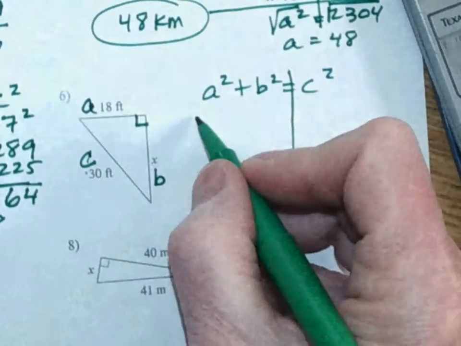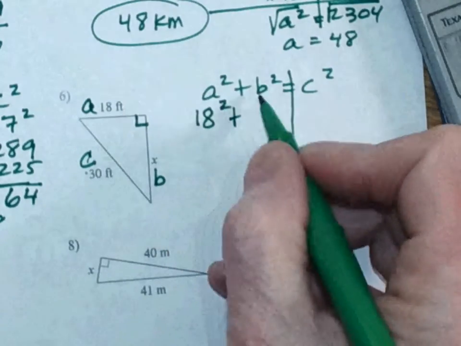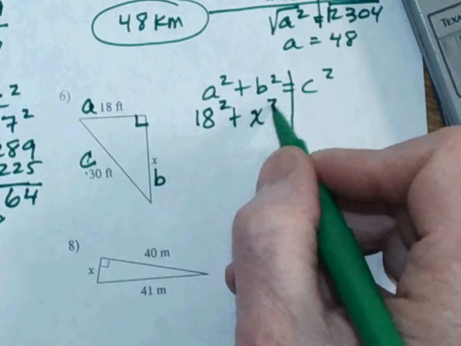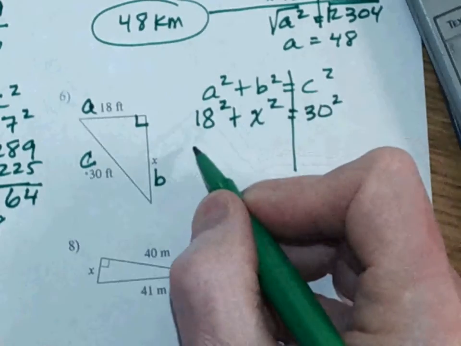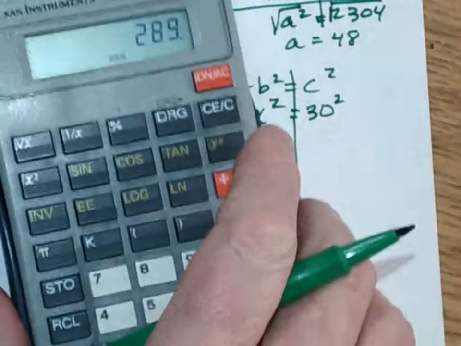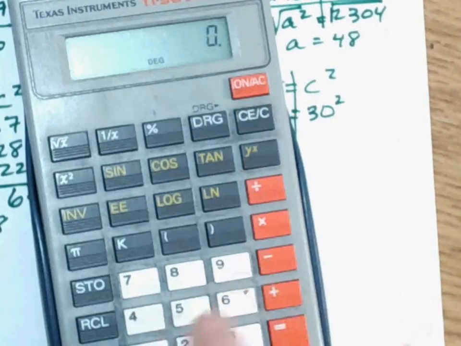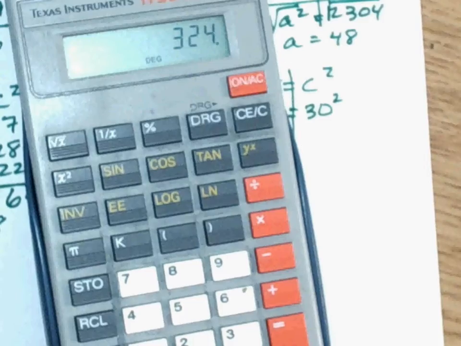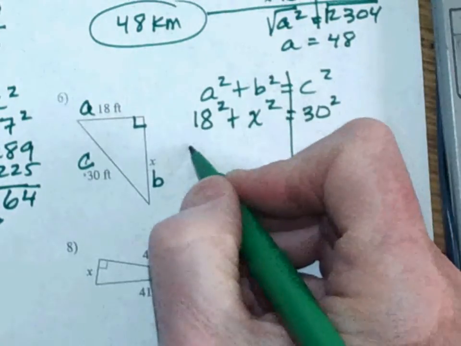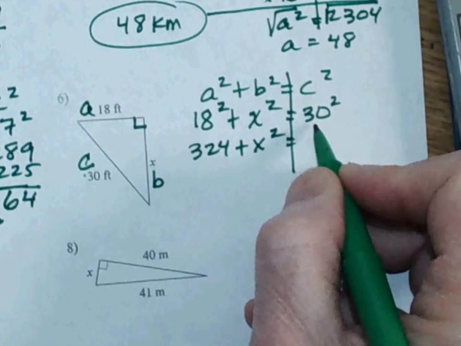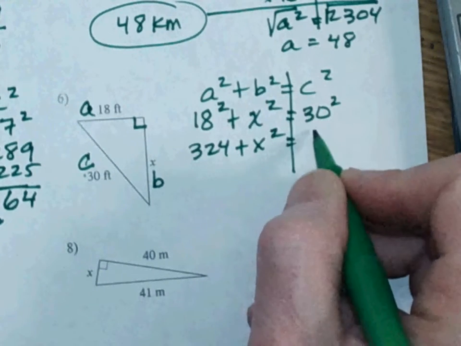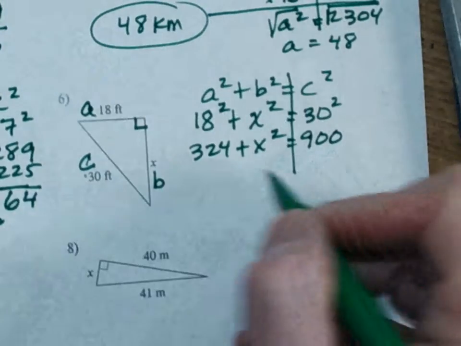A is 18, b is x, and c is 30. I square 18. 18 squared is 324. I square 30. I know that 3 times 3 is 9, so this is 900.